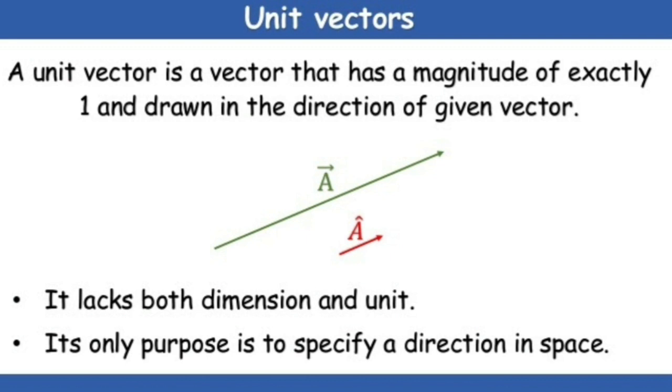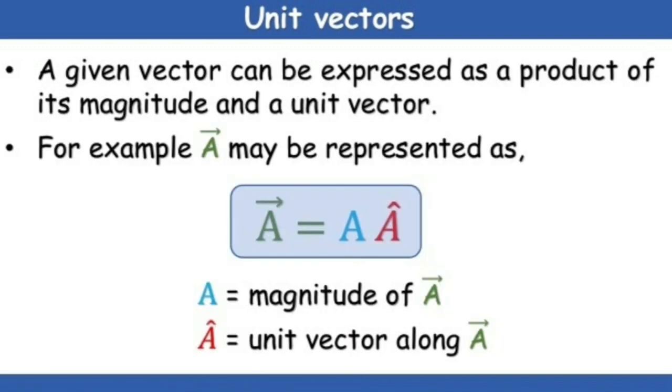So what is the relation between a vector and its own unit vector? A given vector can be expressed as the product of its magnitude and unit vector. This also we already discussed.